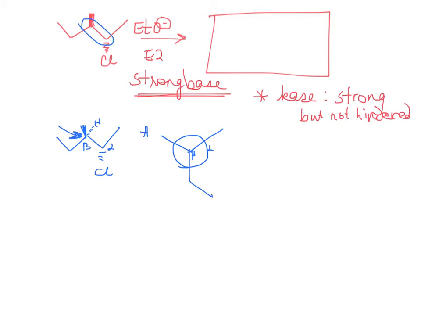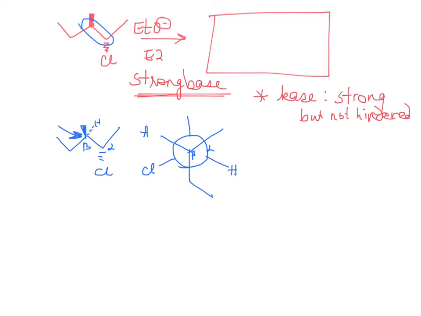And you can perhaps view that the Cl is going to be on this side, methyl on top, hydrogen on this side. So now you need to draw the conformation in which the hydrogen on the front carbon and the leaving group on the back carbon must be anti-periplanar.